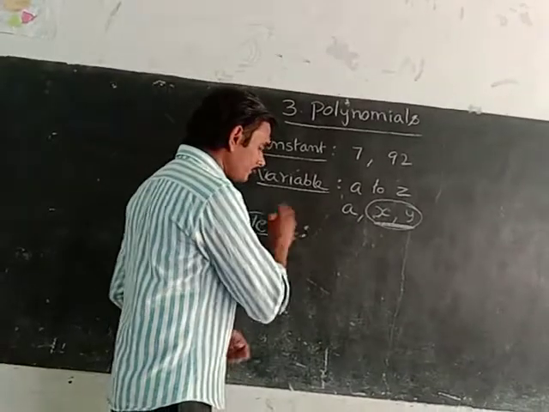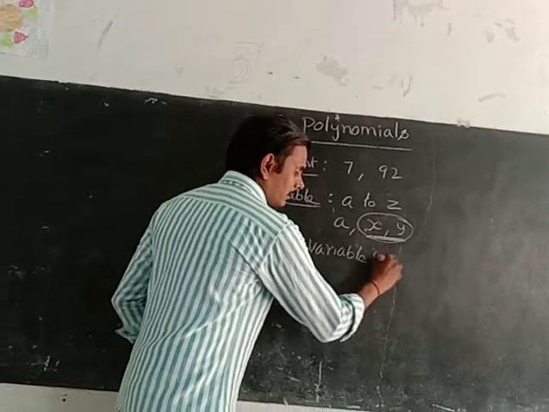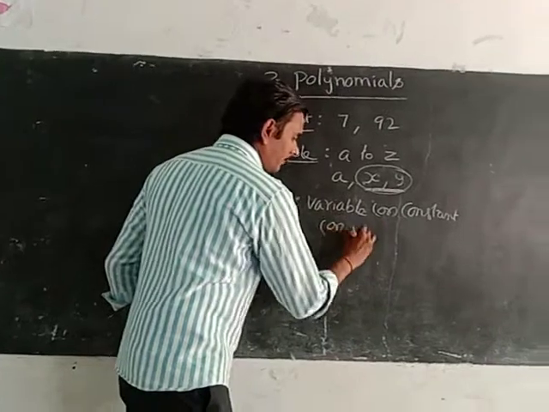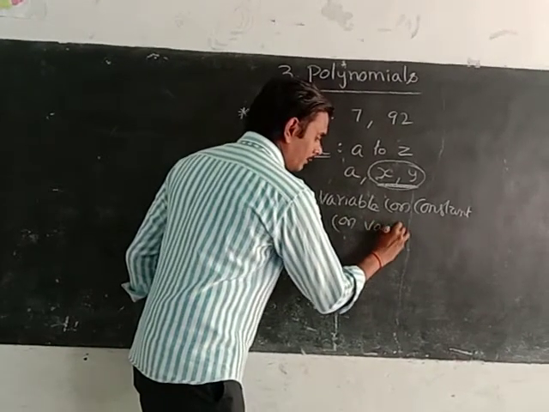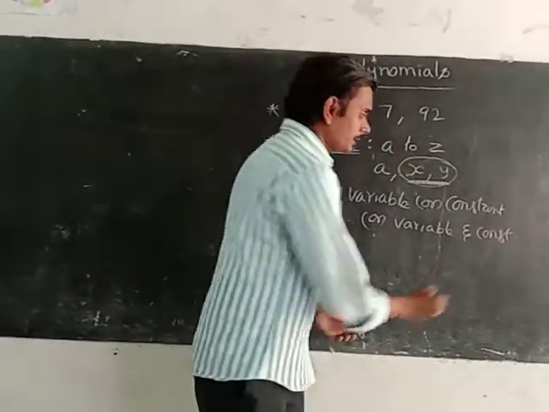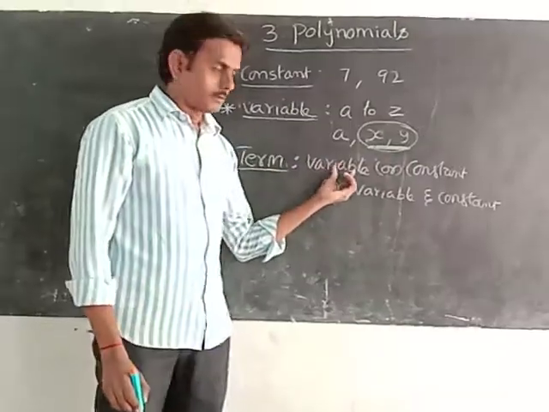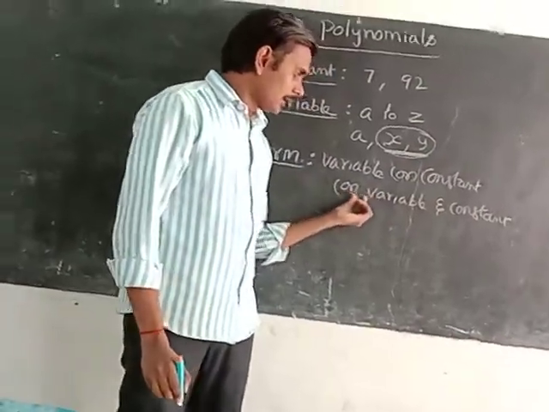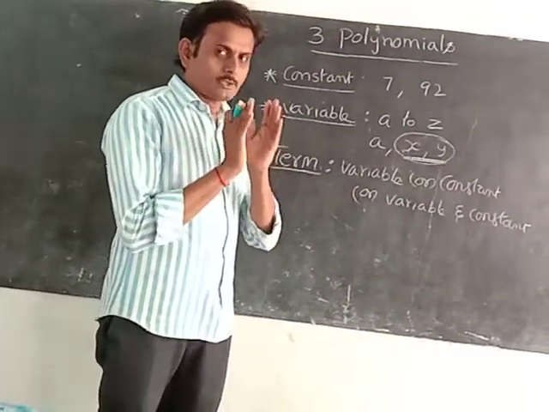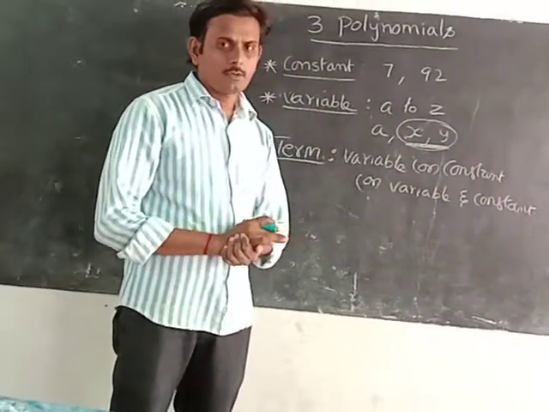What is that term? Variable alone, or constant alone, or a combination of variable and constant is called the term. You have to remember this.